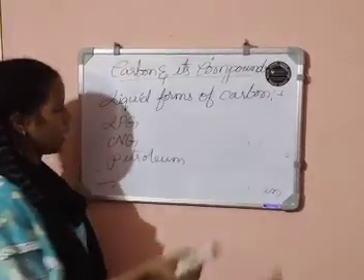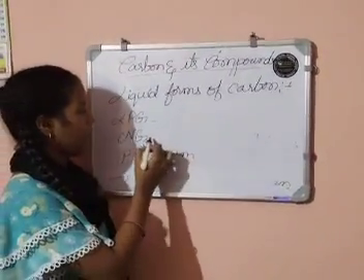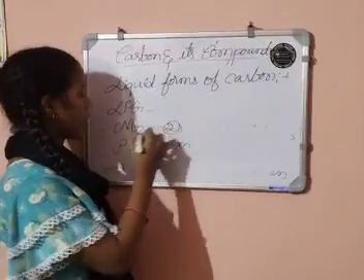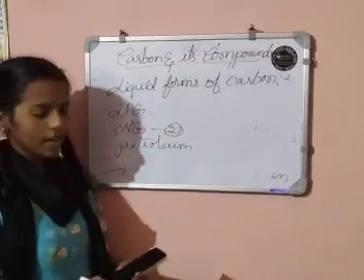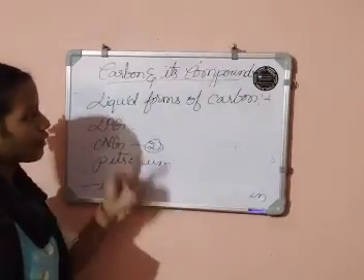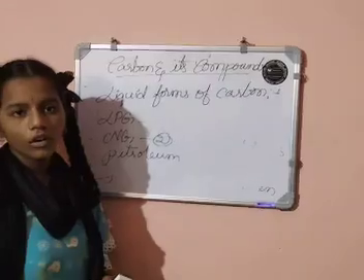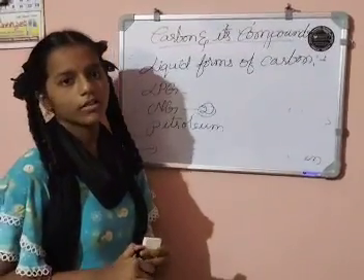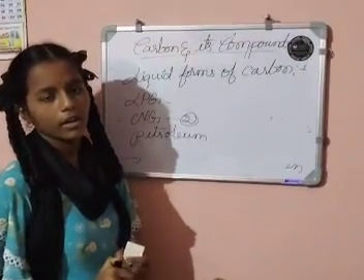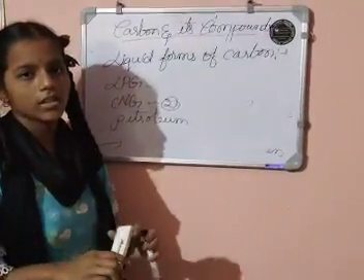LPG has the full form liquid petroleum gas. And next, CNG, compressed natural gas. You already know petroleum. These are the liquid forms of carbon. Up to now we have learned about solid forms of carbon and liquid forms of carbon. Next, how to find the names of the carbon compounds, let me explain.